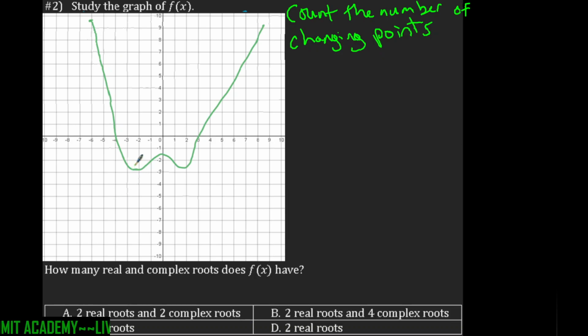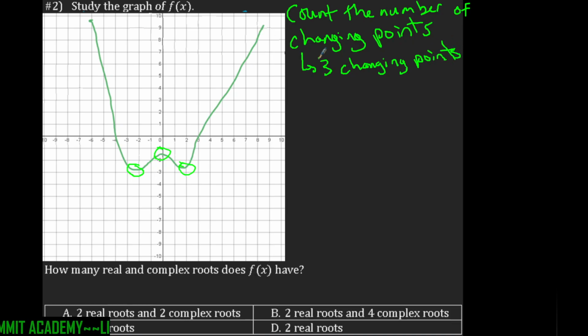So say we have one point here, we have another point here, and anytime we have that changing point, it is a point of inflection. As you trace along your function, I have 1, 2, 3 points of inflection, or 3 changing points. And why do we do this?